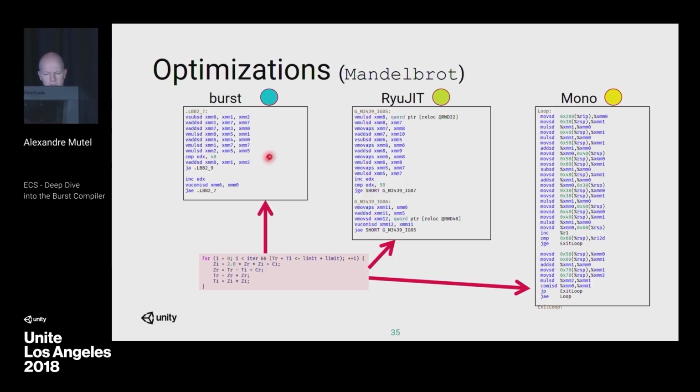But in Burst, thanks to LLVM, we are seeing almost something that could be written by hand in assembly language. The register usage is optimal and very low. Constants are completely hoisted from the loop, and it has even detected one iteration that it could perform outside the loop.